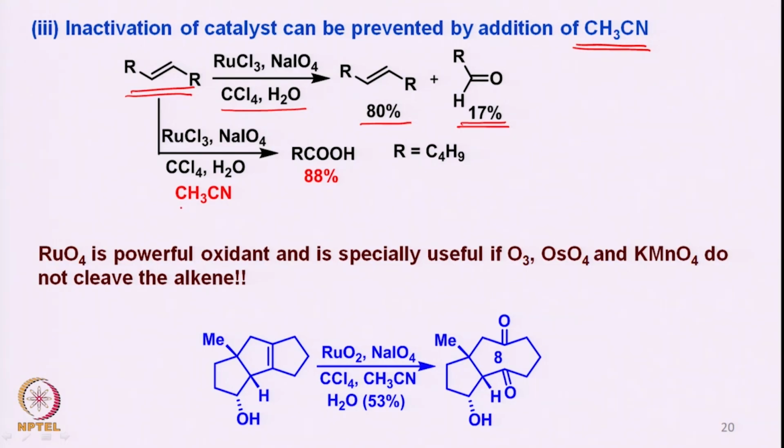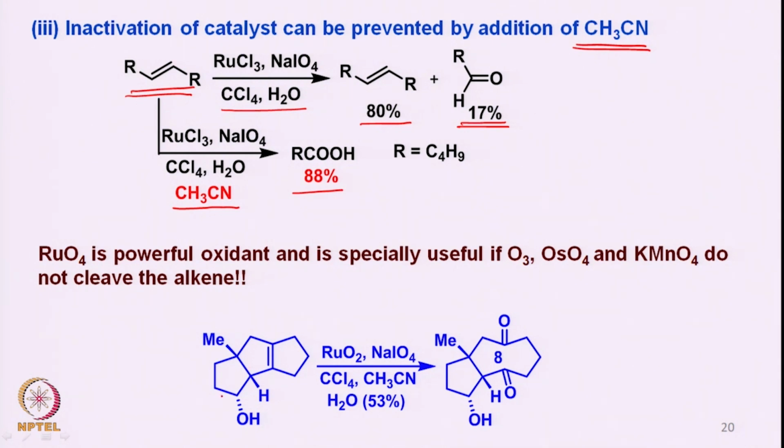On the other hand, if acetonitrile is used as a solvent, then one gets the 88% yield of the corresponding carboxylic acid, and all the starting material gets completely consumed. So, therefore, the inactivation of the catalyst can be prevented if one adds acetonitrile.